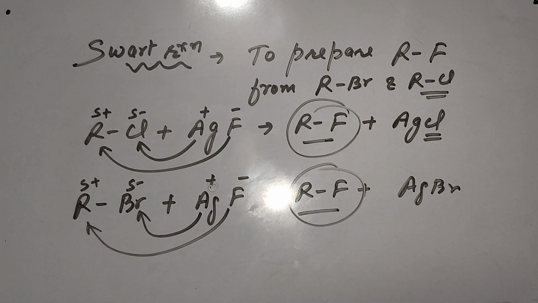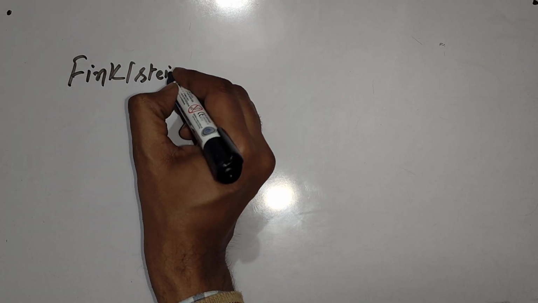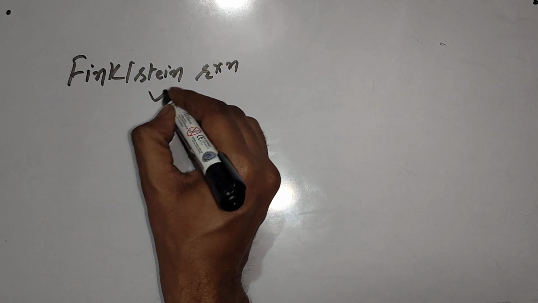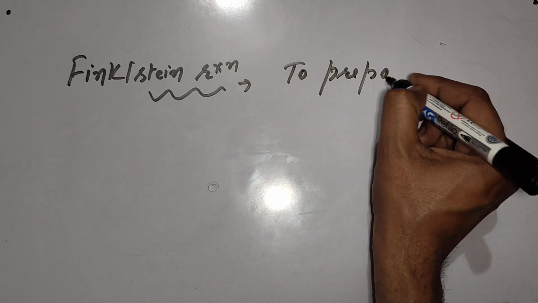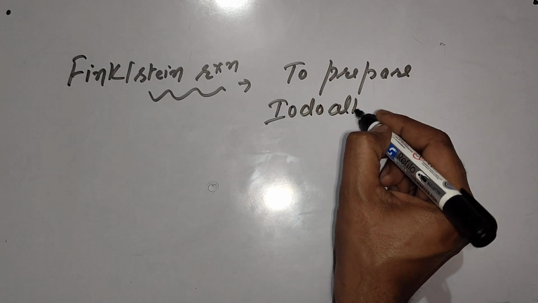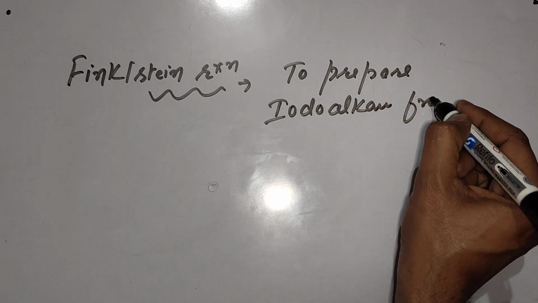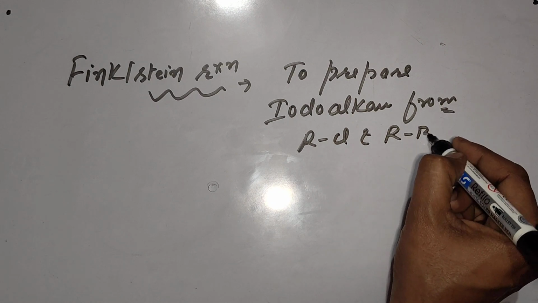And the last reaction is the Finkelstein reaction. It is used to prepare iodoalkanes from RCl and RBr.